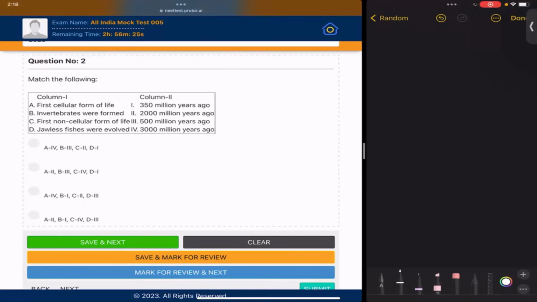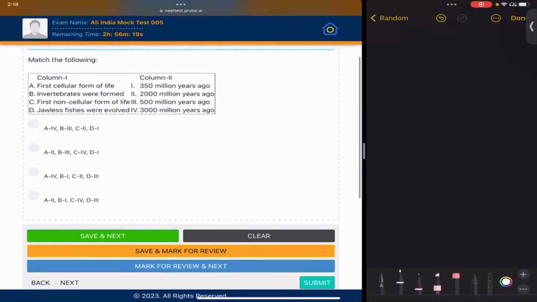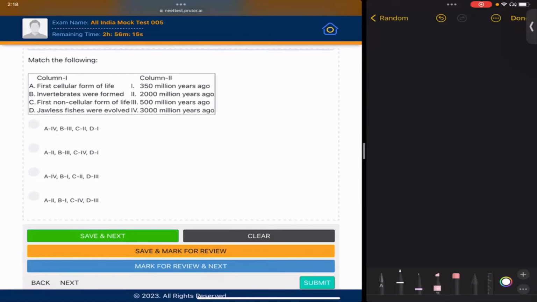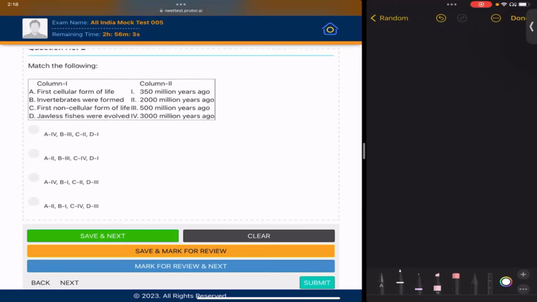This is a match the following question, number 2. First cellular form of life, invertebrates were formed, first non-cellular form, jawless fish. It's a database question, but if we try to do it, I remember that 500 million years ago the first cellular form of life came. So A goes with 3.